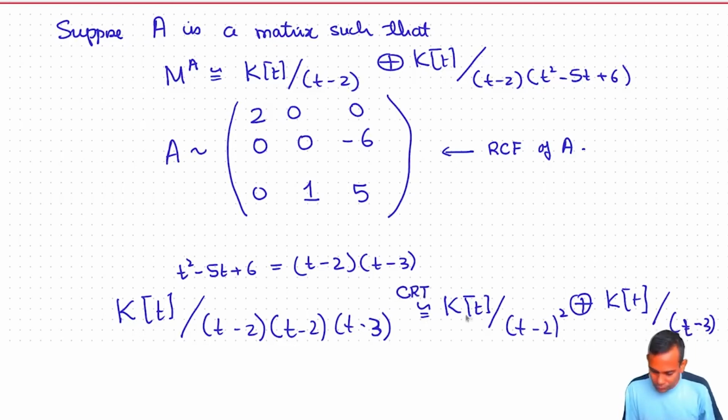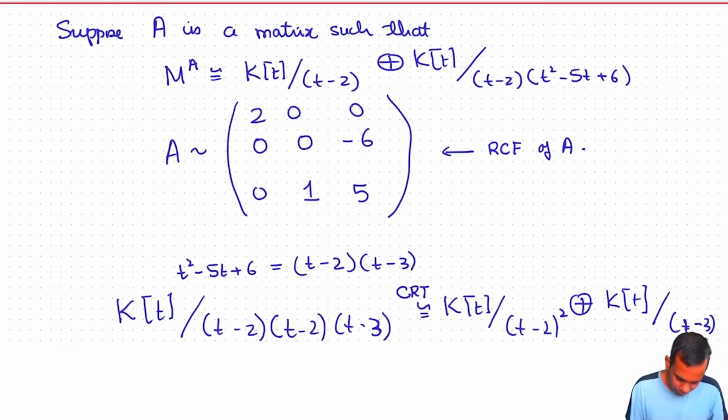And now we'll just collect all the parts with the t minus 2 factor together, and keep the t minus 3 factors separately. So what we get is that MA is isomorphic to kt mod t minus 2, and from here we have another kt mod t minus 2 squared.